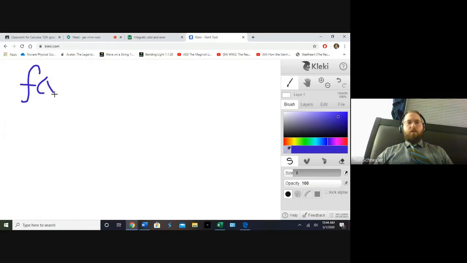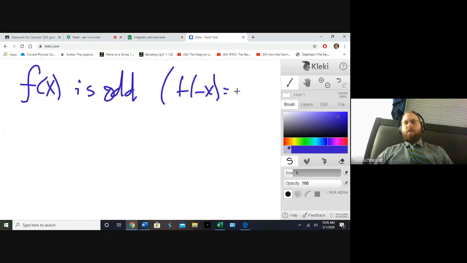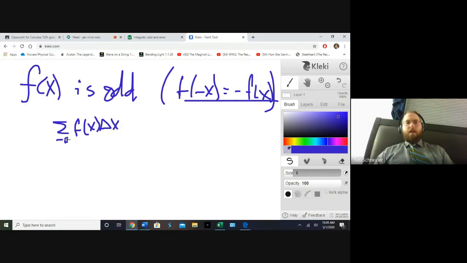So one of the things is if we're starting with f of x being odd, then that means f of negative x equals negative f of x. So you could probably get it just from this, because remember, if you're doing the sum of all the rectangles, let's say from negative a to a.